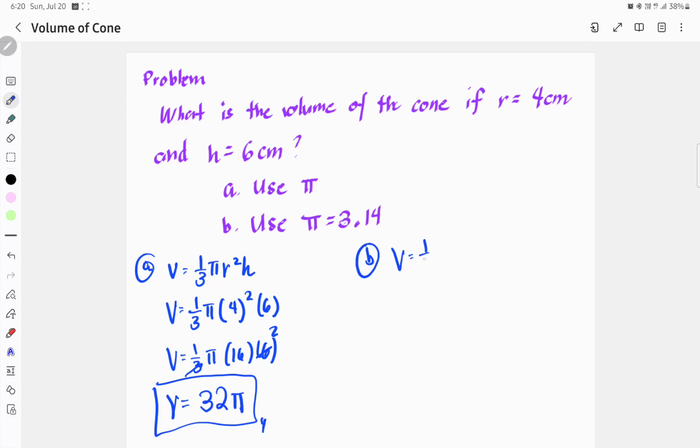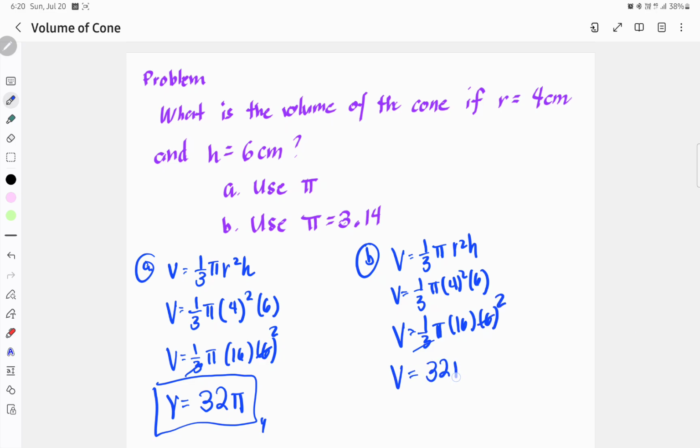Once again, it's still the same, 1/3 pi r squared height. Volume, same substitution, 1/3 pi, and then this would be 16, and then this would be 6. Canceling that, still the same. Volume would be equal to 32 pi.